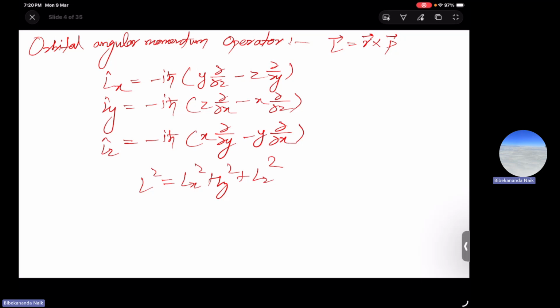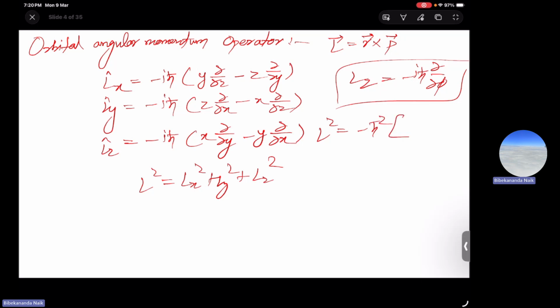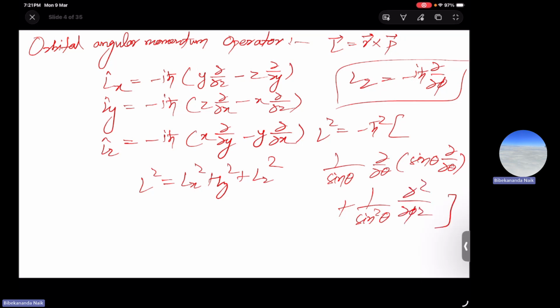Also, we can write Lz as minus i h cross del by del phi, and L square as minus h cross square taken as common, 1 by sin theta del by del theta (sin theta del by del theta) plus 1 by sin square theta del square by del phi square.